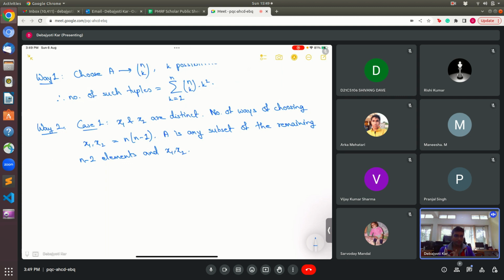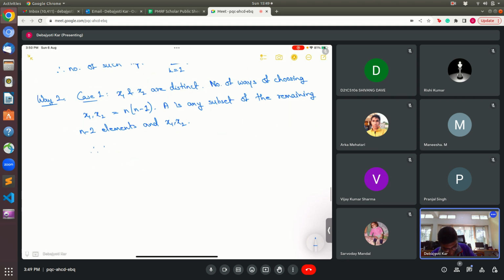So A definitely contains x1 and x2, and other than that it can contain any subset of the remaining n minus 2 elements. So what is the number of ways of choosing A? It's 2 to the power n minus 2, that is the number of possible subsets of n minus 2 elements.